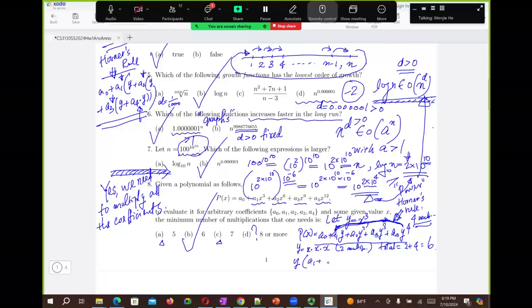Sorry, the formula I wrote is wrong, right? That's why that student asked me a question. The right one is we factor y out. Y times A1 plus A2. This is the new way.